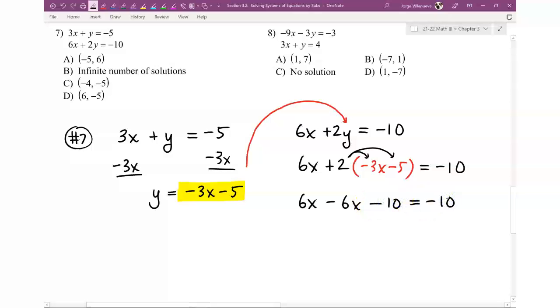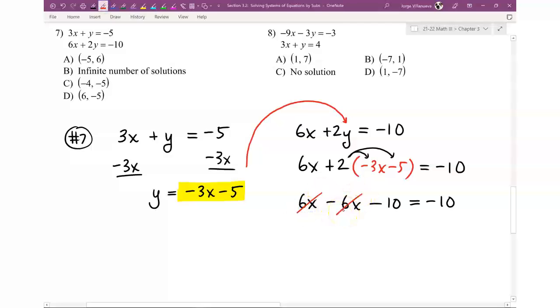What happens if I try to simplify here? Anybody see anything weird that's going to happen? What's going to be 0? The x is 6x minus 6x. What happens to them? I mean, you said zeros, right? They cancel out. Right?